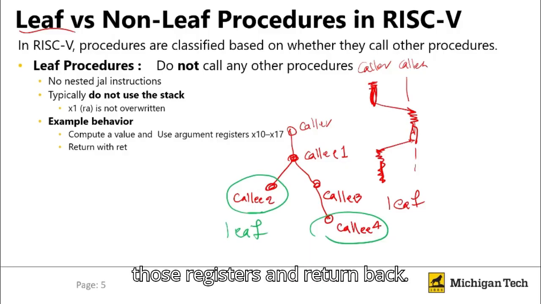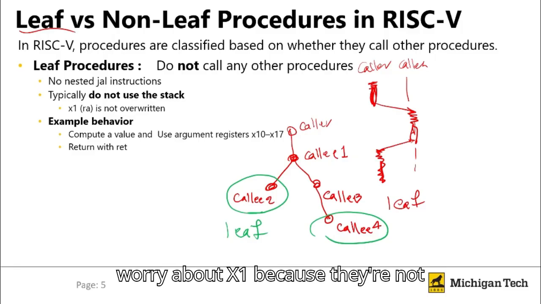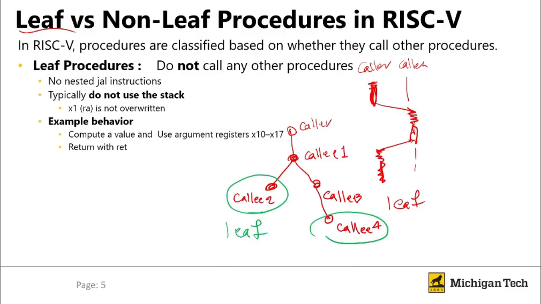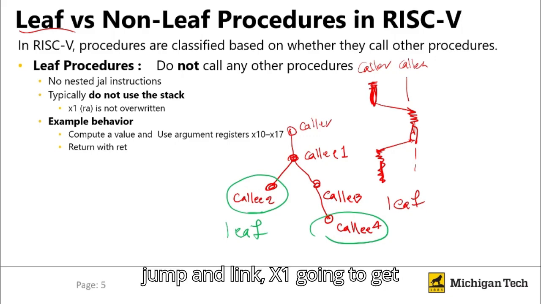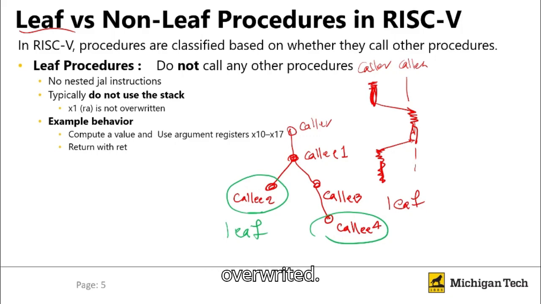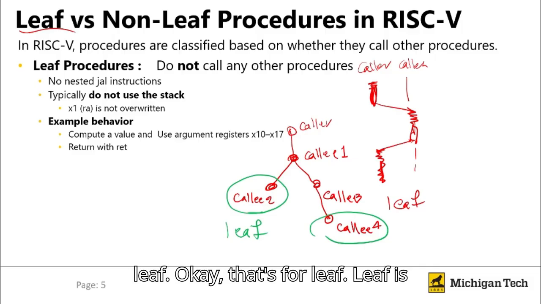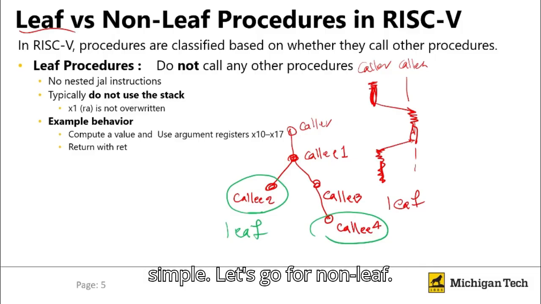You can use those registers and return back, and you don't even need to worry about x1, because they're not going to overwrite it. Anytime you call jump and link, x1 is going to get overwritten. So that's why you need to consider whether it's leaf or not leaf. Okay, that's for leaf. Leaf is simple.